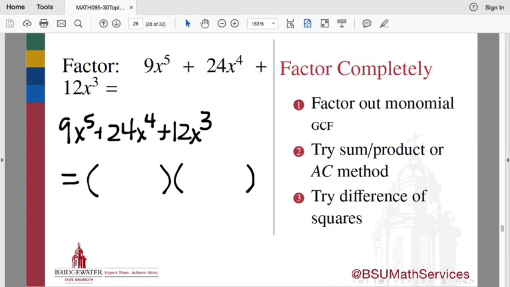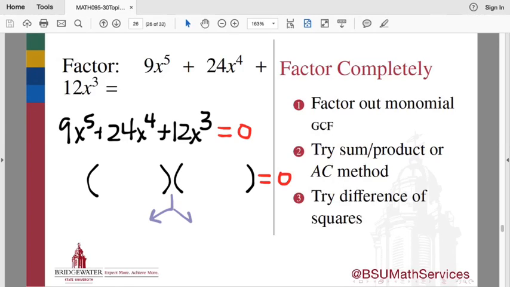And the reason that we might want to do this is it's ultimately going to help us if we want to solve an equation involving a polynomial, because if I'm able to factor this polynomial, and if the other side of my equation is equal to 0, then this is the holy grail of why we factor.